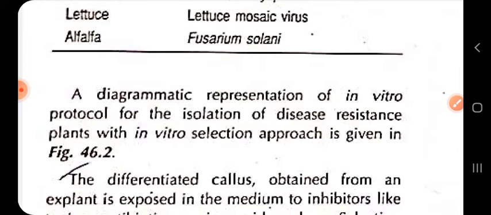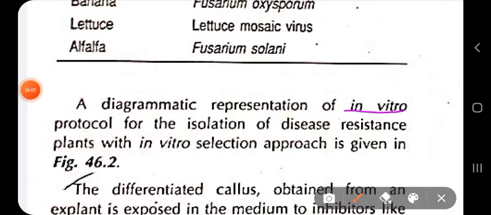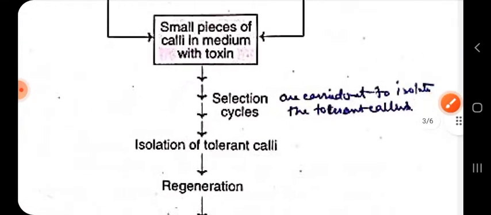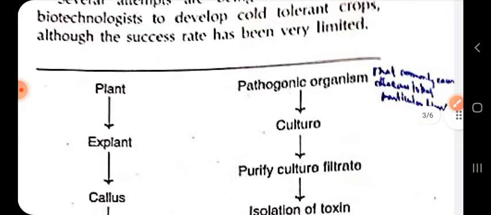So here in this figure, it has been shown how with in vitro selection we are actually making our disease resistant plants. Let us see. So you can see a plant.